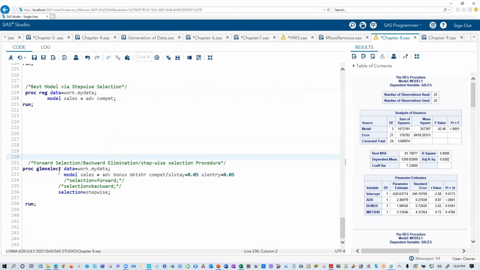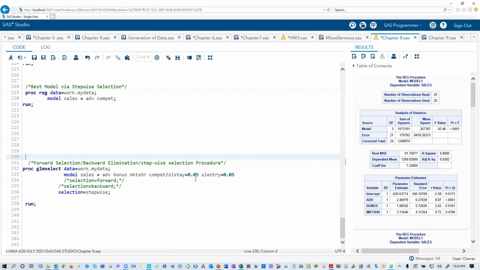You go to GLM select. Forward selection, backward elimination, or the stepwise selection procedure can be easily obtained by going to data, and the model would be sales, advertising, put everything. They will decide. This is called the significance level to stay, 0.05, or entry. Entry means if you are trying to enter. Remember we took out those we didn't allow to enter? This is the level of significance for that.